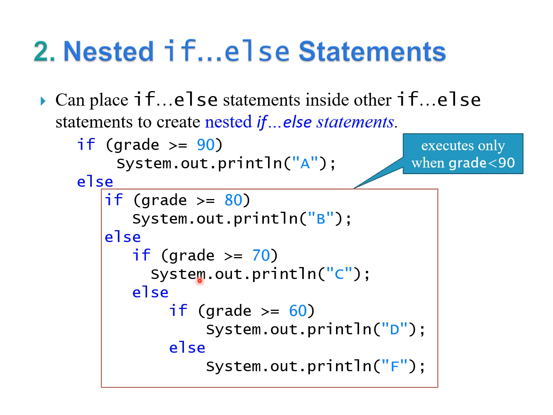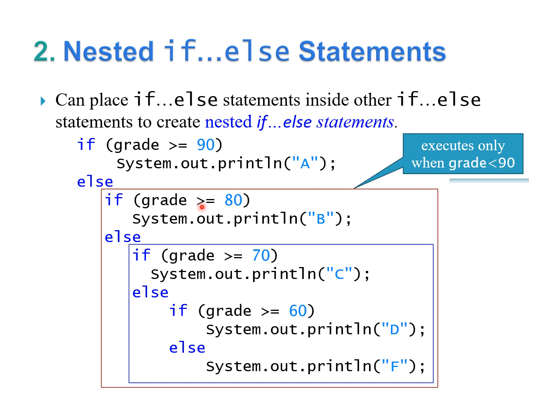The third if-else statement, which is in this blue box, is nested in the else part of the second if-else statement. So the code in this blue box executes only when the conditions of the first two if-else statements are false. That is, when grade is less than 90 and grade is less than 80, which is equivalent to grade is less than 80.